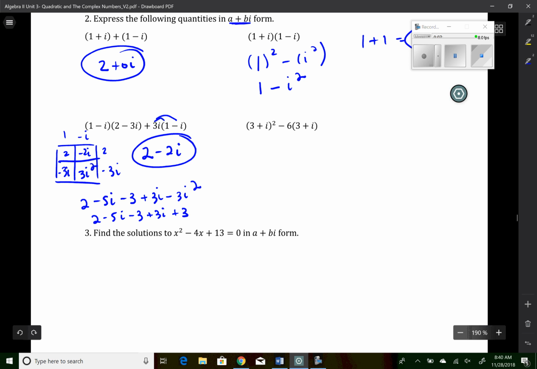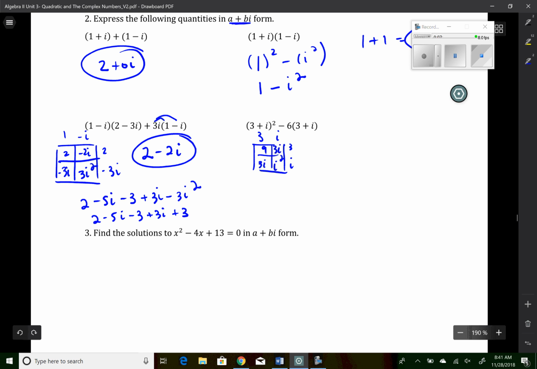You can type that in the calculator too to check it. 3i squared, so if I do 3 plus i, 3 plus i, I get 9, 3i, and i squared.